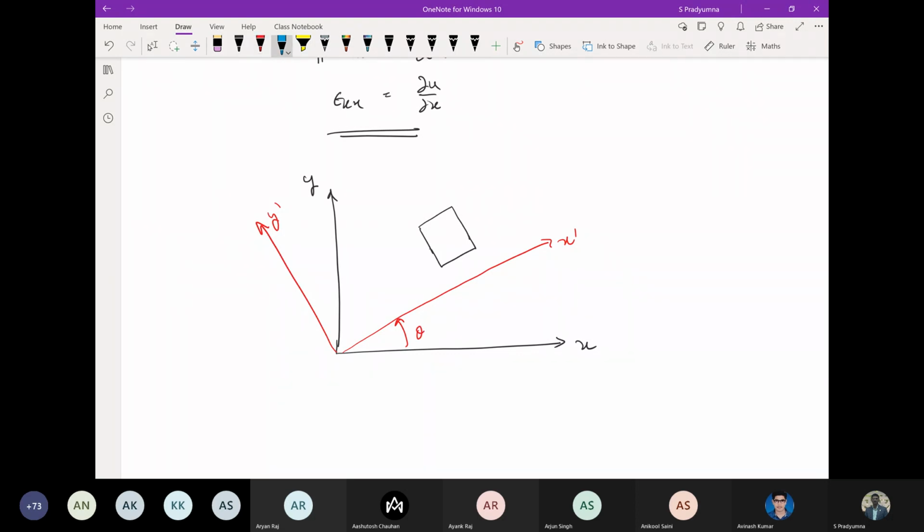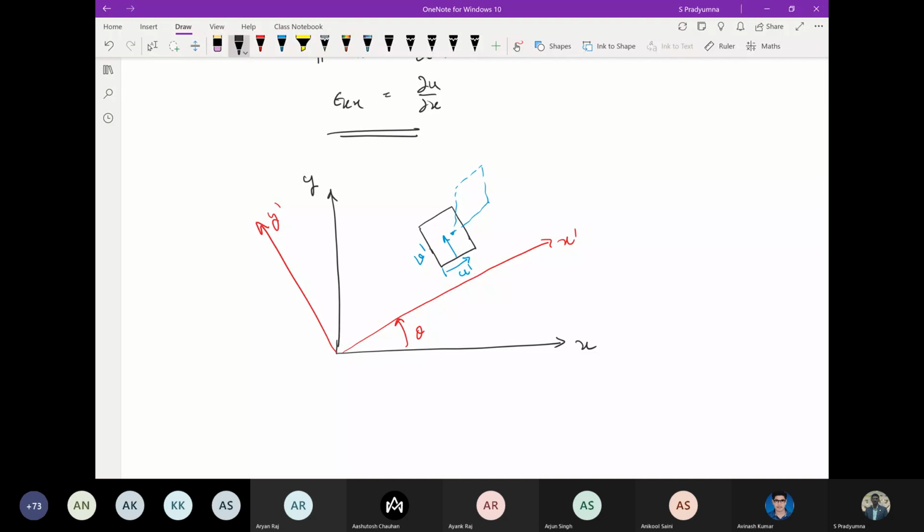Because of deformation, it will go somewhere like this and have a deformed shape. Along the x dash direction we call the displacement u dash, and along the y dash direction we call it v dash.